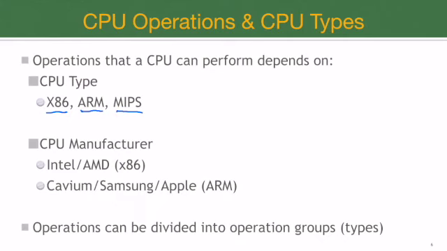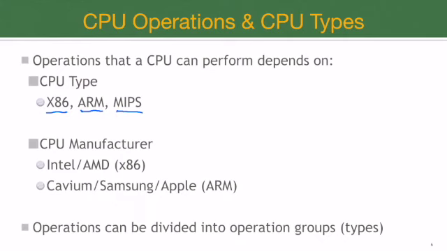It's because of intercompatibility. A program that is written for an x86 based CPU or processor can run on another x86 based processor. But the same program cannot, without modifications, run on an ARM based processor or a MIPS based processor.